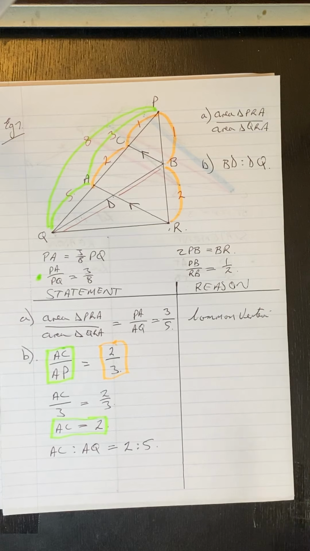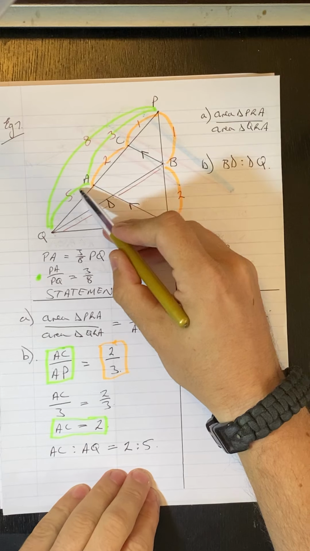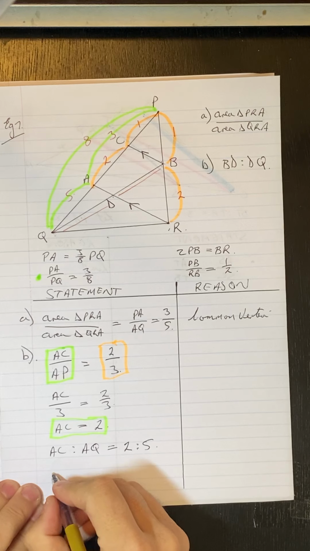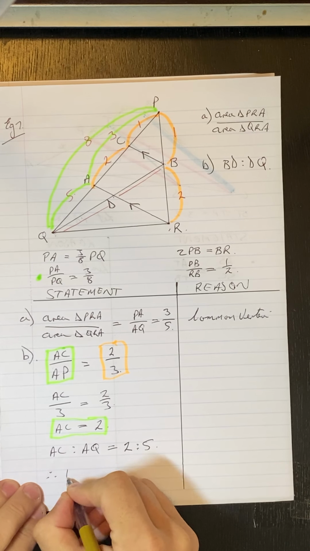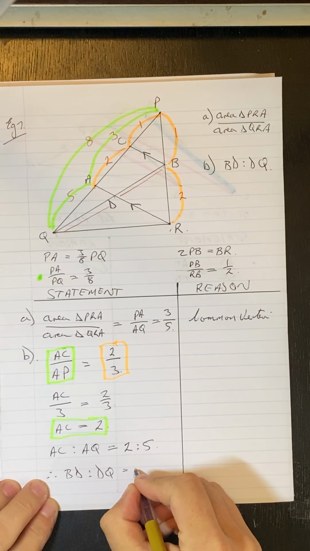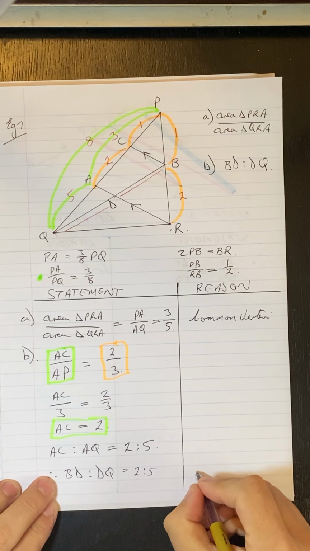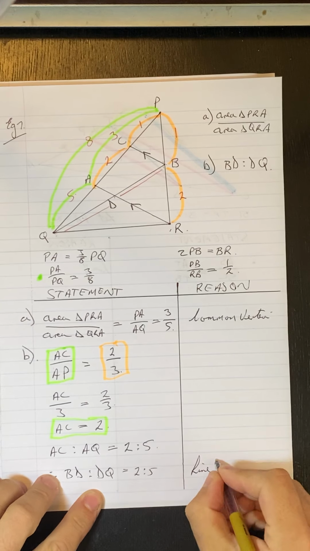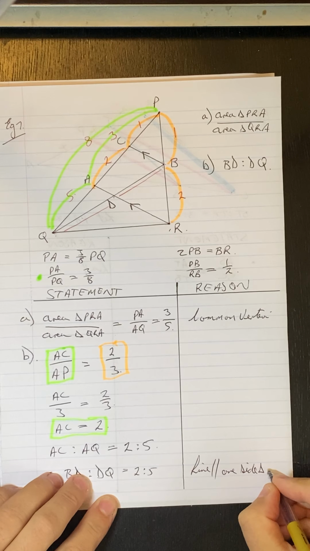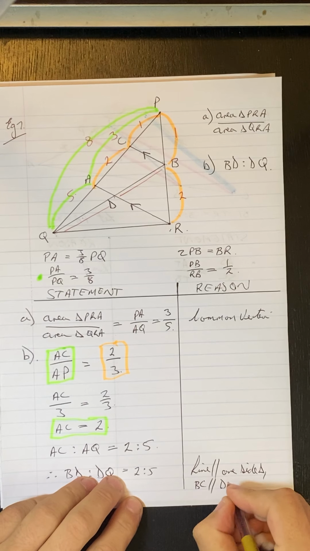Okay, now, because this is parallel, AC to AQ will be the same as this DB to DQ part here. So we know now, therefore, BD to DQ will be equal to 2 to 5. Okay, it's the same one as this. And the reason why I did this was line parallel, one side triangle. And I must just list what my parallel lines were. I used BC parallel DA.